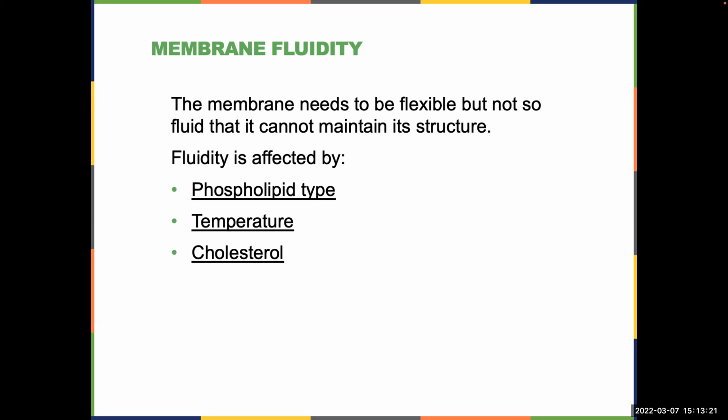Fluidity can be affected by the type of phospholipid, thinking about those fatty acid tails, temperature, how hot or cold it is, and how much cholesterol is embedded. So let's think about each of these three.